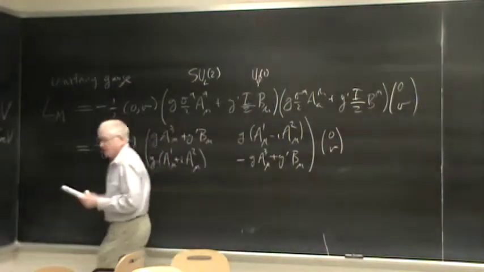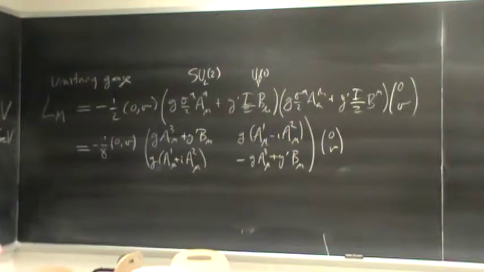Okay, so that's the mass term, rewriting it as a matrix. So 2 vector, 2 by 2 matrix, 2 vector.